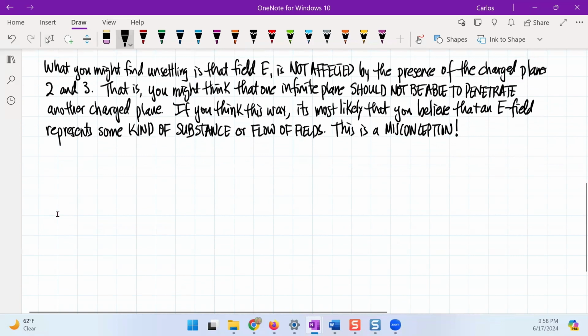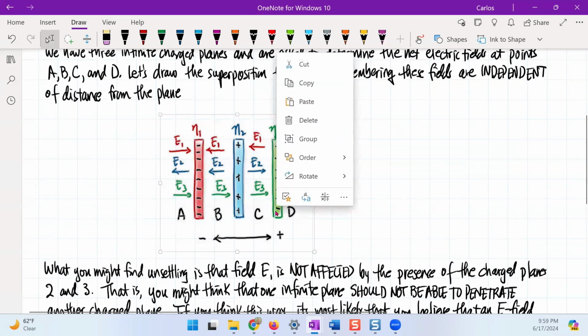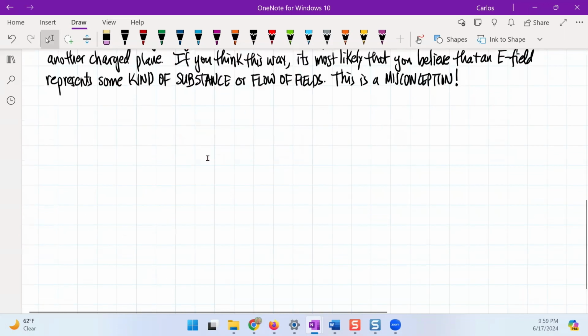So now if I go back and look at what I have here, it might be useful to copy this and bring it down here.